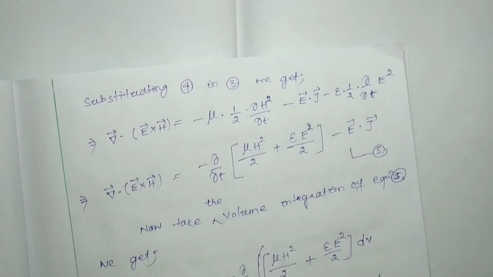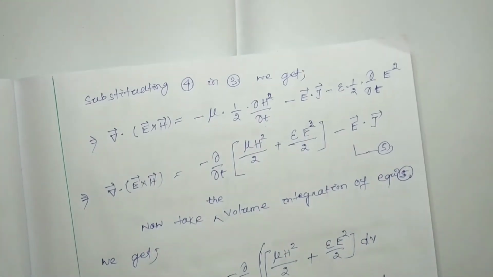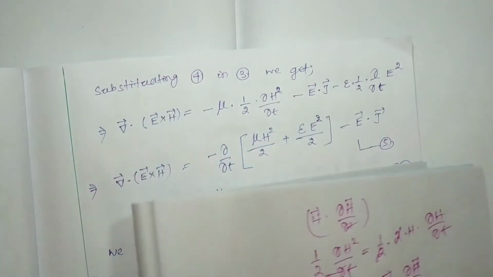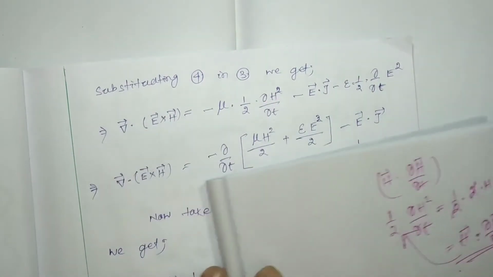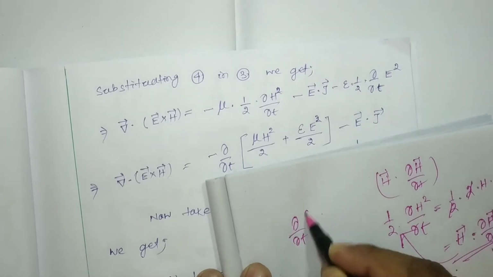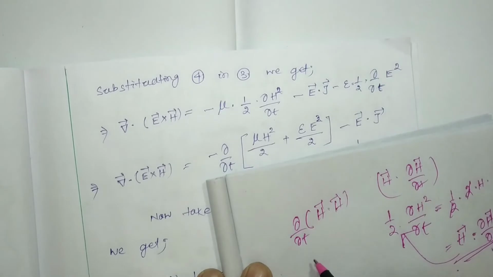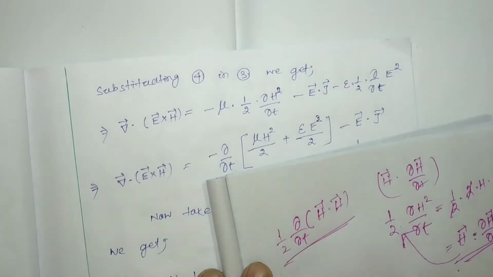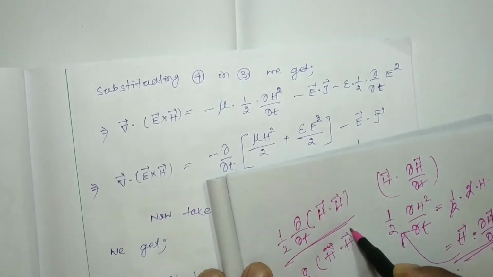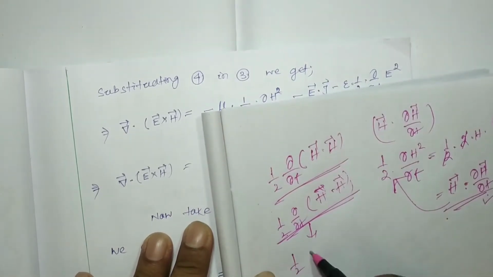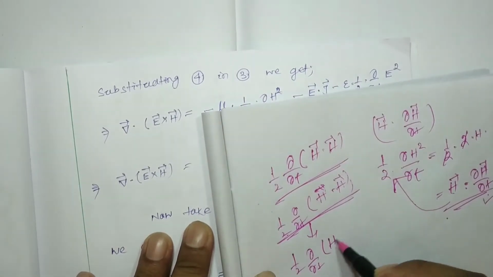And one thing, many books write this expression in this format: del by del t of H dot H, which is half del by del t of H dot H. Some books write it like this, or we can write half del by del t of H square.